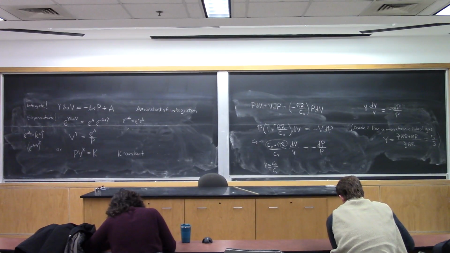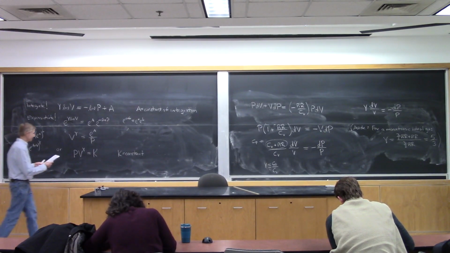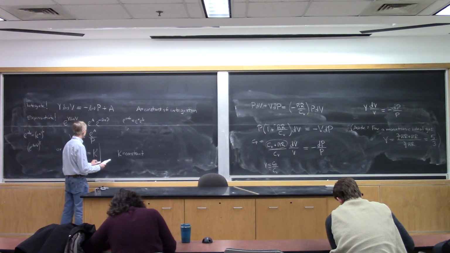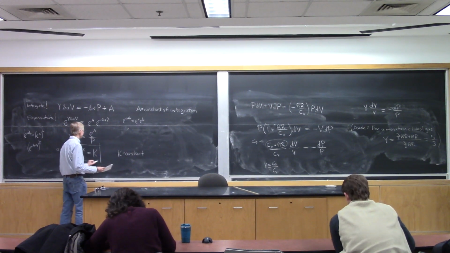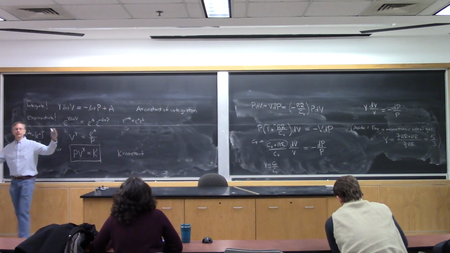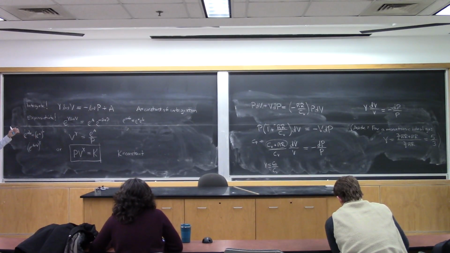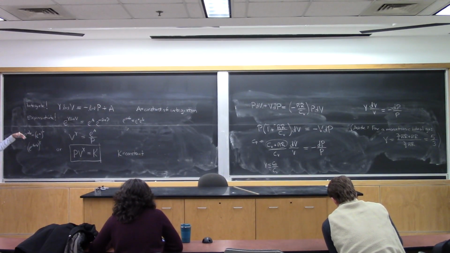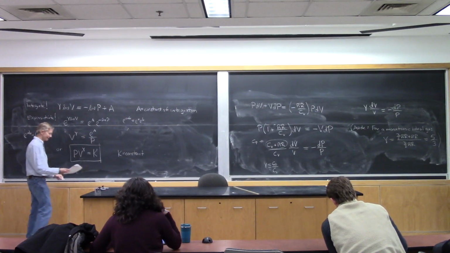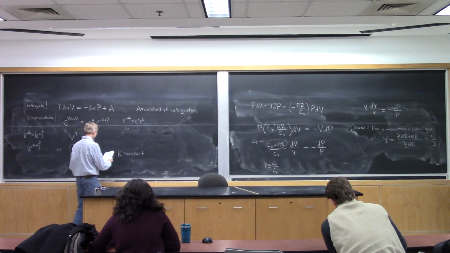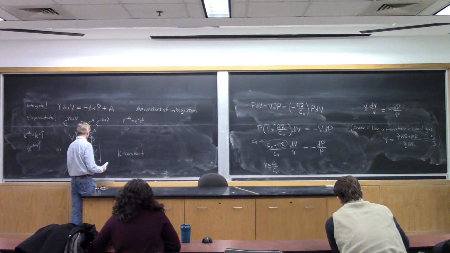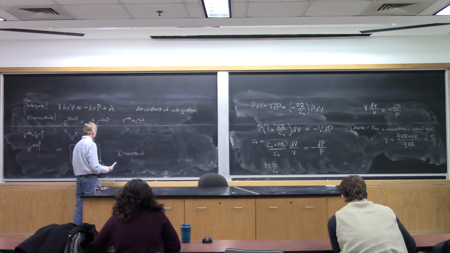So p v to the gamma is equal to k, k being some constant. This gets a box and an angelic choir that sings, it's the adiabatic gas law. Something like that. The choir needs to practice. Anyway. The adiabatic gas law.